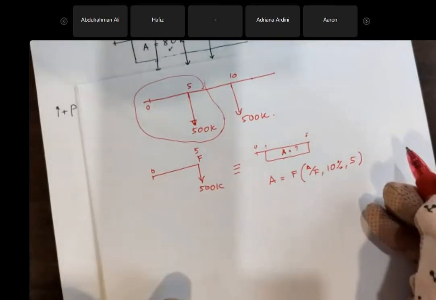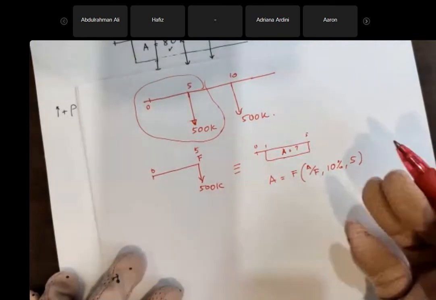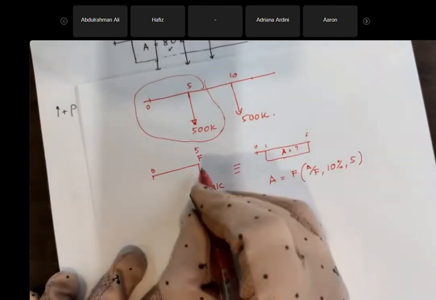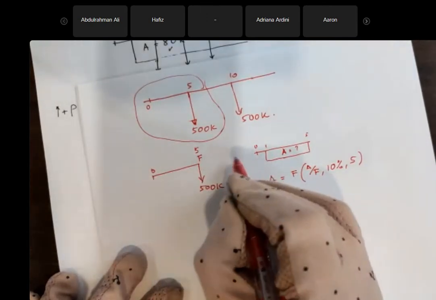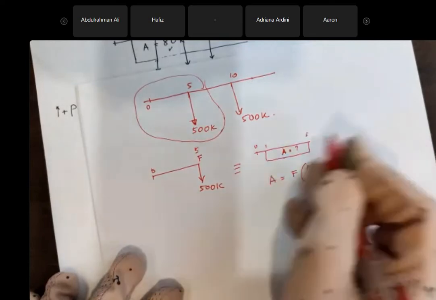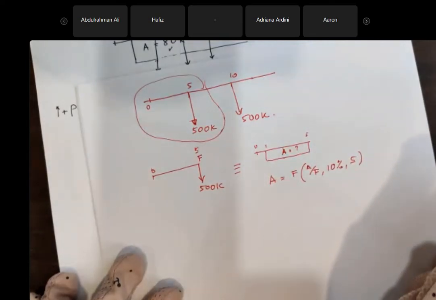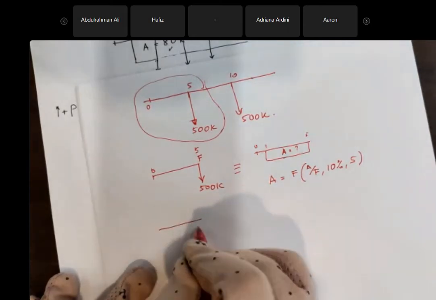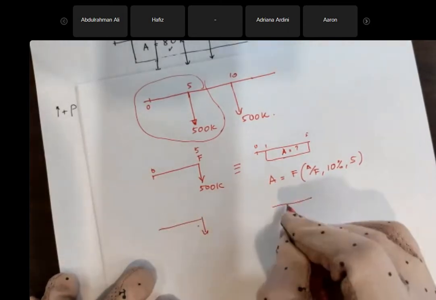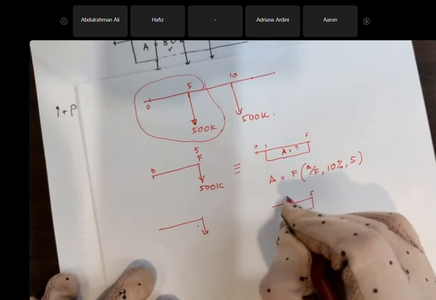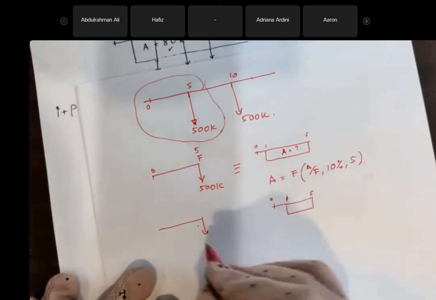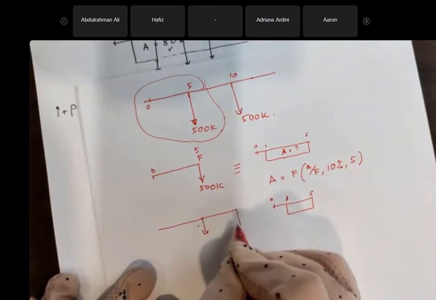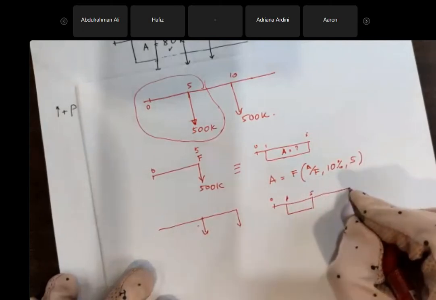And it is repetitive. After this one, it also have one more and one more, and until forever lah. So what happened actually? This one become 1, 0, and then if you continue this one, sama lagi.